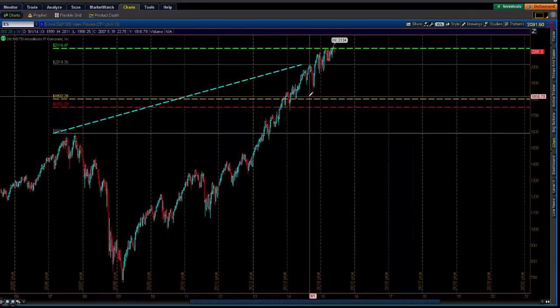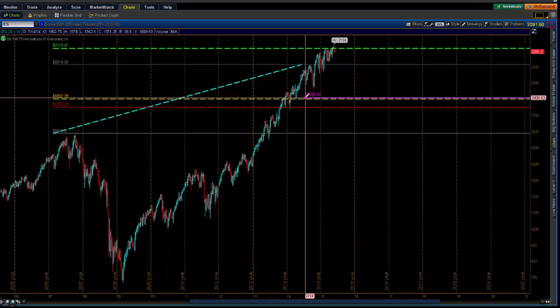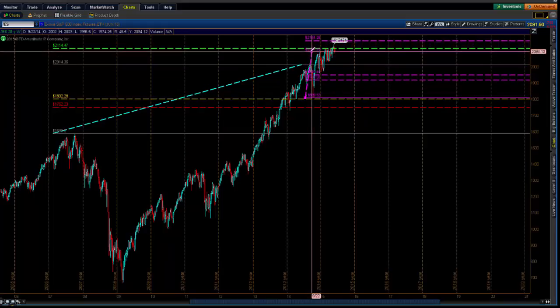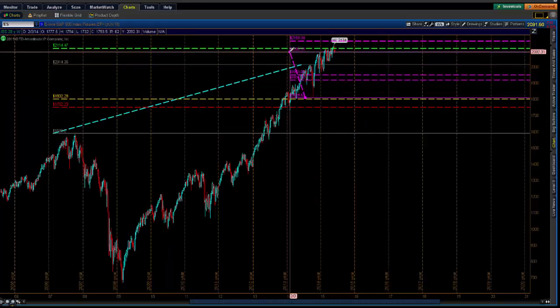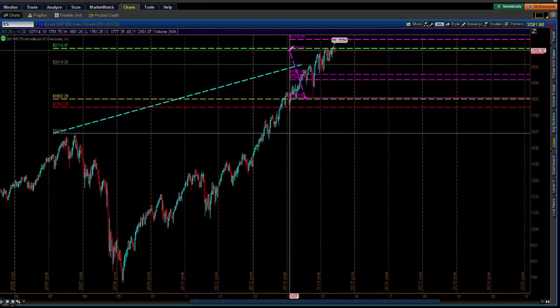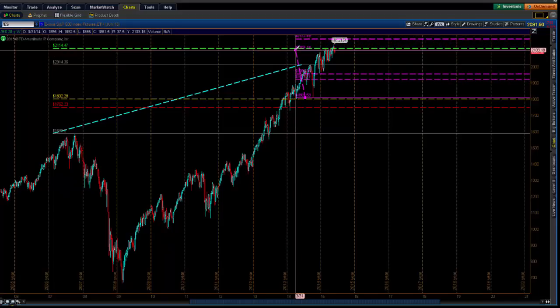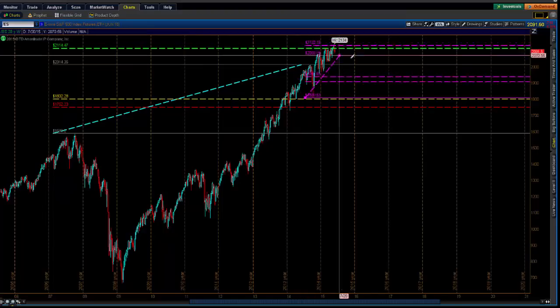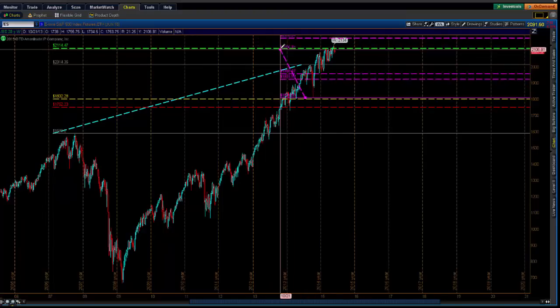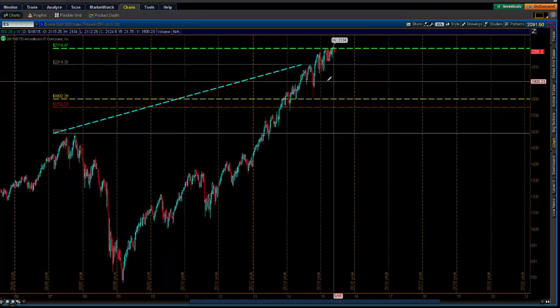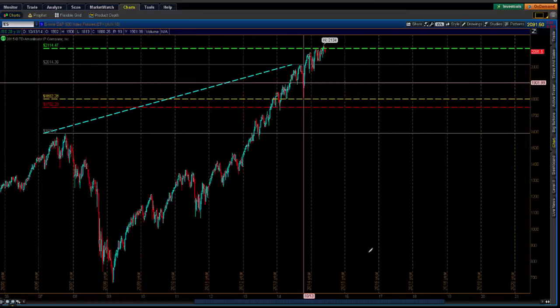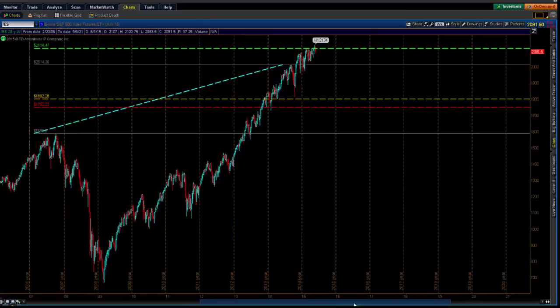From October lows to highs. Geez, where am I drawing that from? I just want to make sure I have this correct. I don't want to draw ones that I'm not sure of. Matter of fact, let's not even draw that, because I don't want to confuse anybody right now.